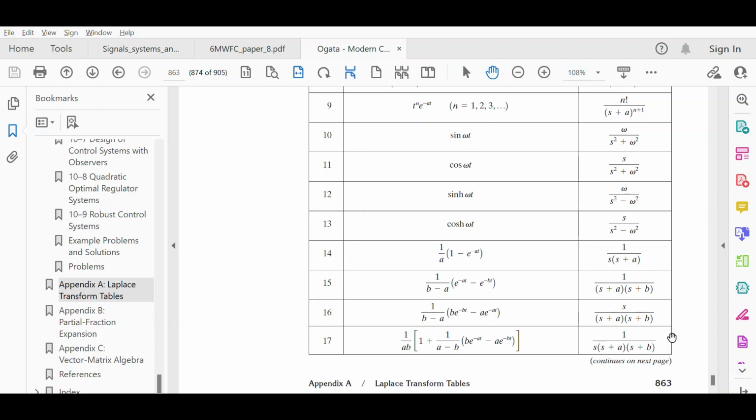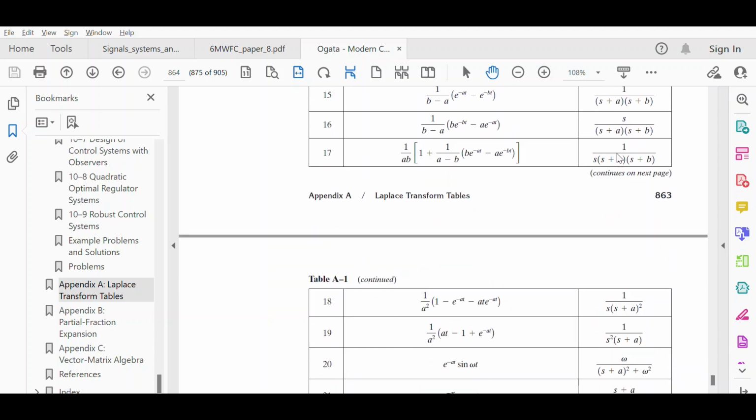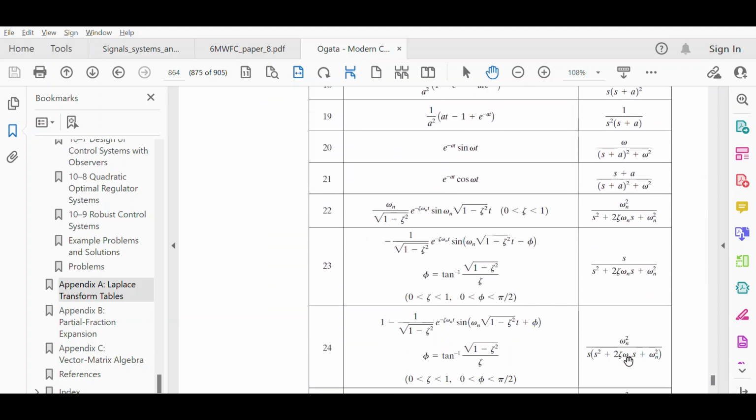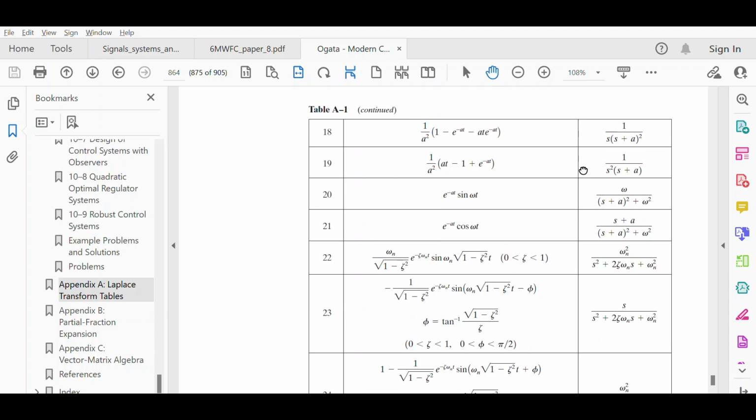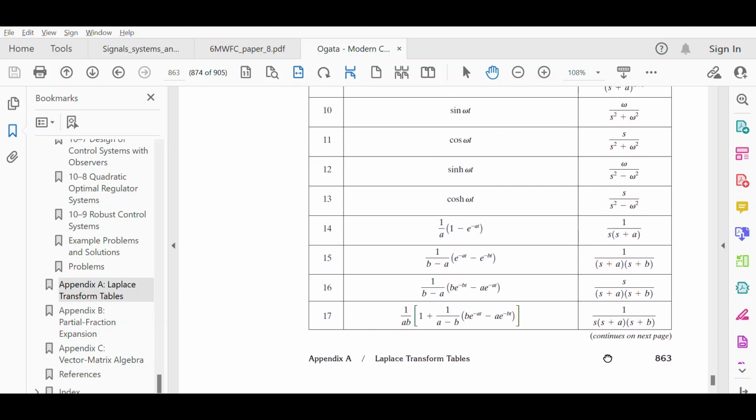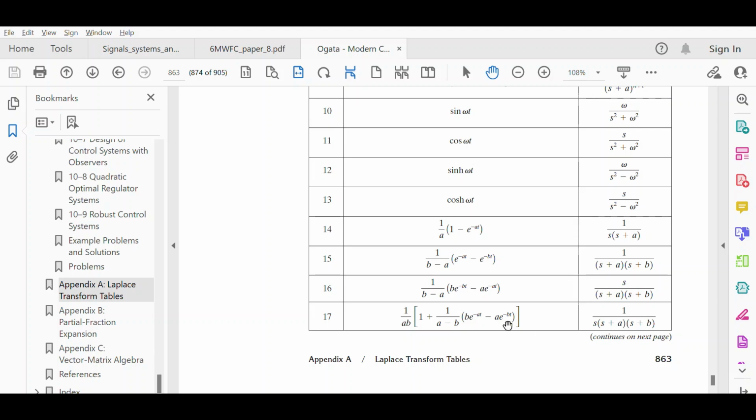This case is called the overdamped case. This name applies when the damping coefficient in this expression here is larger than 1, because when the damping coefficient is 1, the two poles are the same, and this expression cannot apply. We would be dividing by 0.